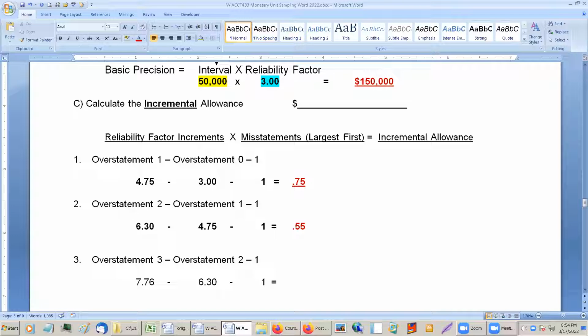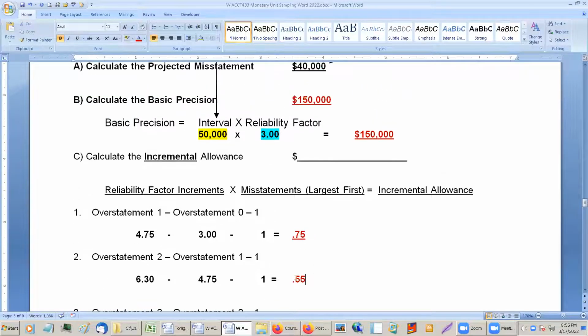Yes, 0.46. So you'll notice something about these, the incremental allowances, is that they're getting lower.